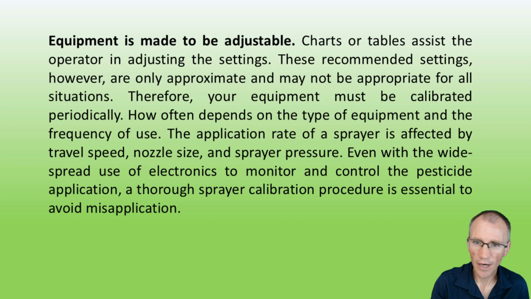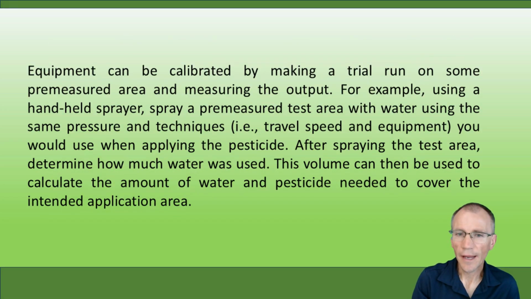The application rate of a sprayer is affected by travel speed, nozzle size, and sprayer pressure. Even with the widespread use of electronics to monitor and control the pesticide application, a thorough sprayer calibration procedure is essential to avoid misapplication. Equipment can be calibrated by making a trial run on some pre-measured area and measuring the output.